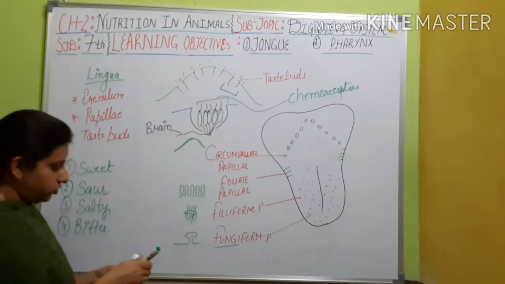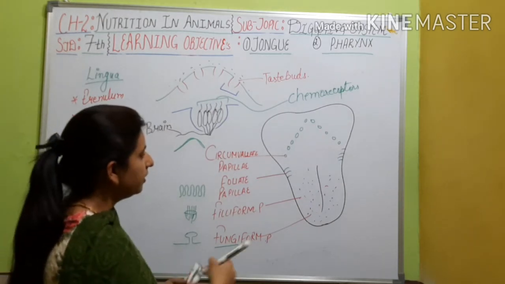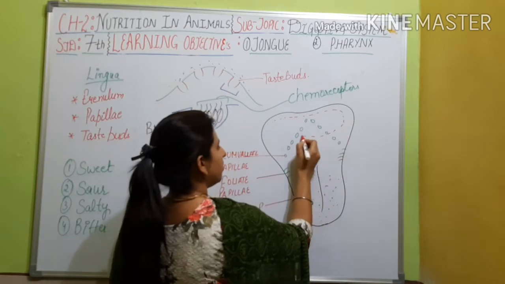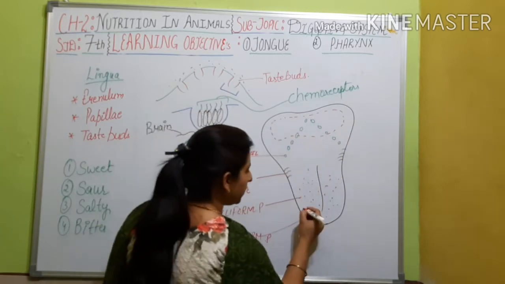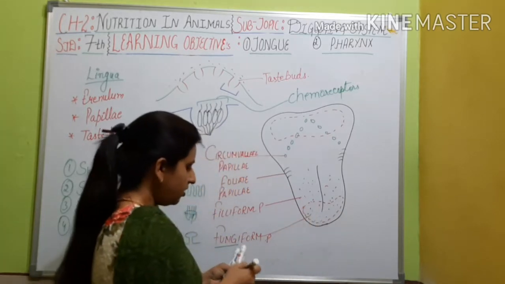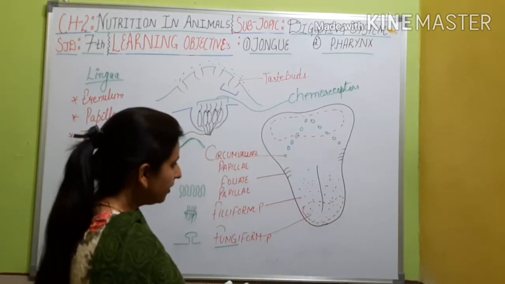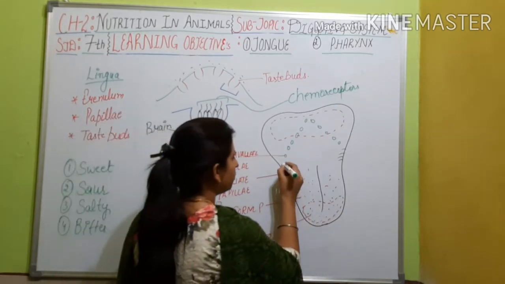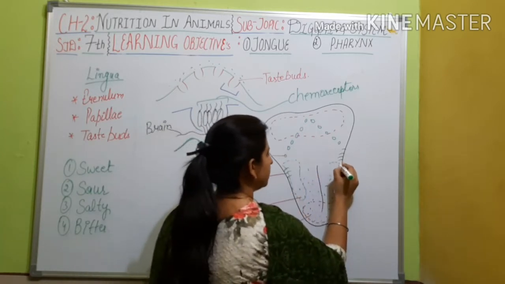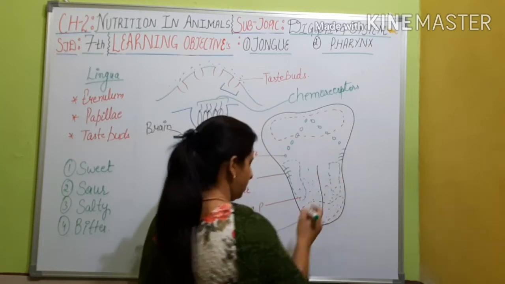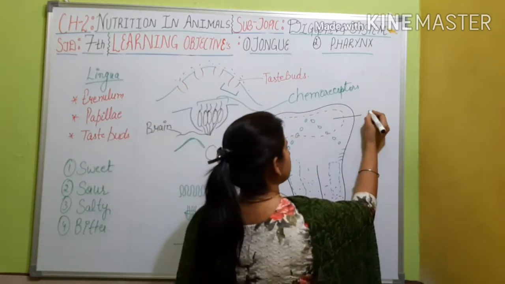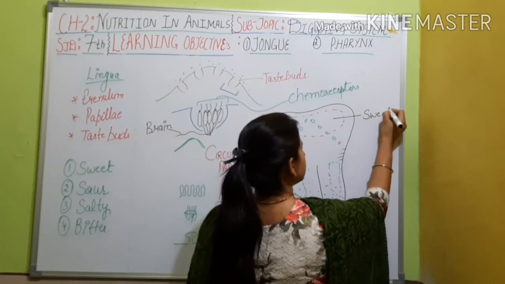Again, if I draw here, you will find that bitter is somewhat in this area, sweet you are going to taste in this area, and salty and sour you are going to taste in this area of the tongue. So this area has taste buds for the sweet.